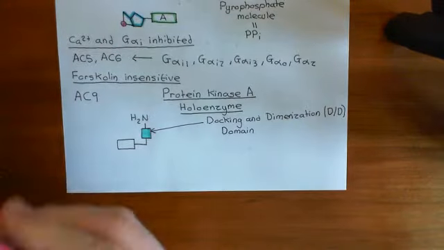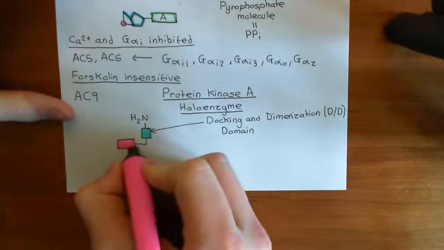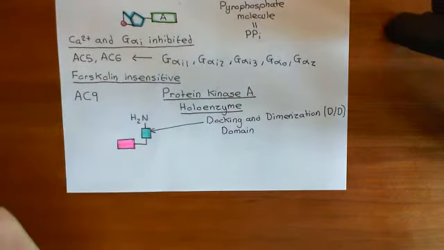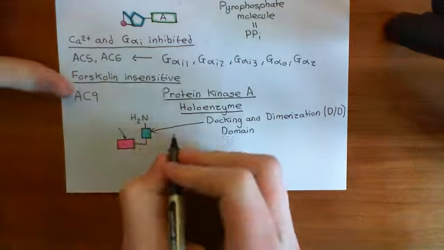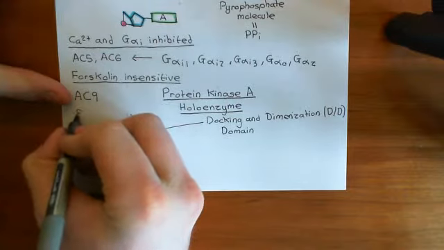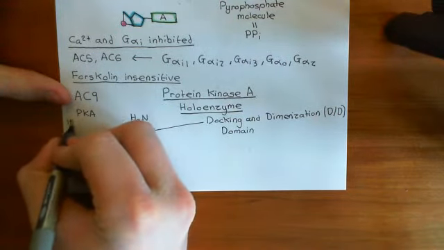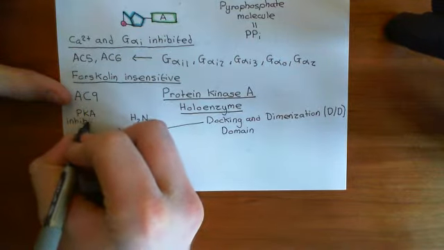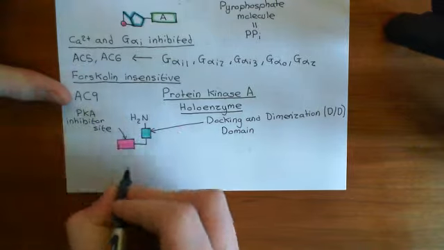This is the portion that's involved in binding to the catalytic subunits of the protein kinase A holoenzyme, and which will inactivate them in the inactive protein kinase A holoenzymes. So each regulatory subunit will have a protein kinase A inhibitor site.